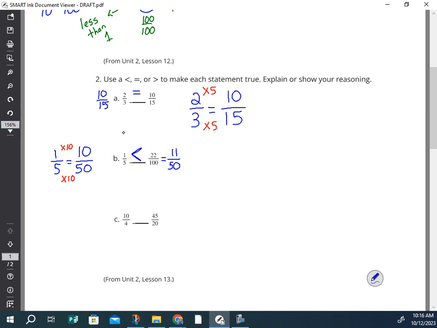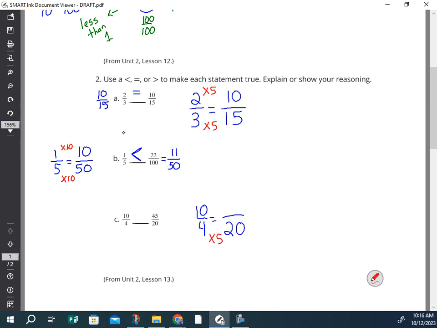Last one, 10/4ths or 45/20ths. Wow. That one's interesting. I'm going to make the 10/4ths into 20ths. I'm going to make an equivalent fraction, so I'm just going to times the 4 by 5.